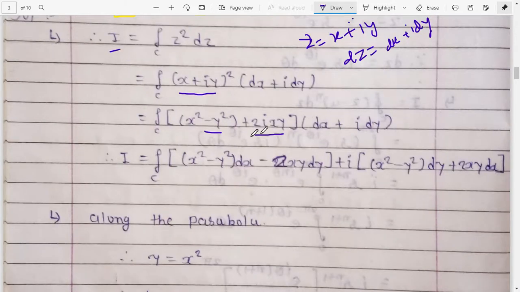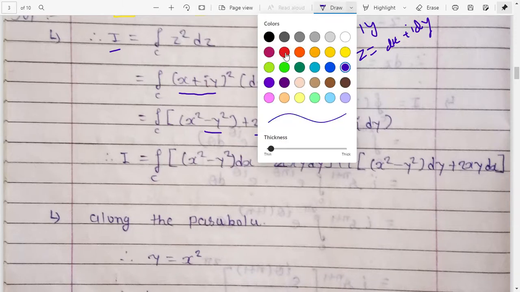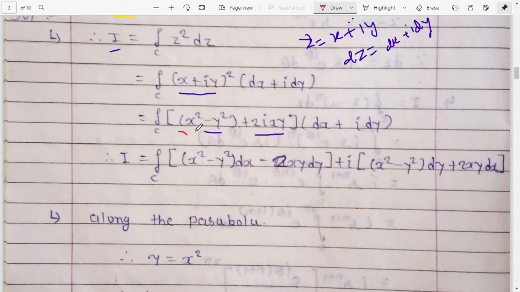Now multiplying both, we get x square minus y square into dx minus 2xy dy, because 2ixy into i dy, and i square is equal to minus 1, so minus 2xy into dy.